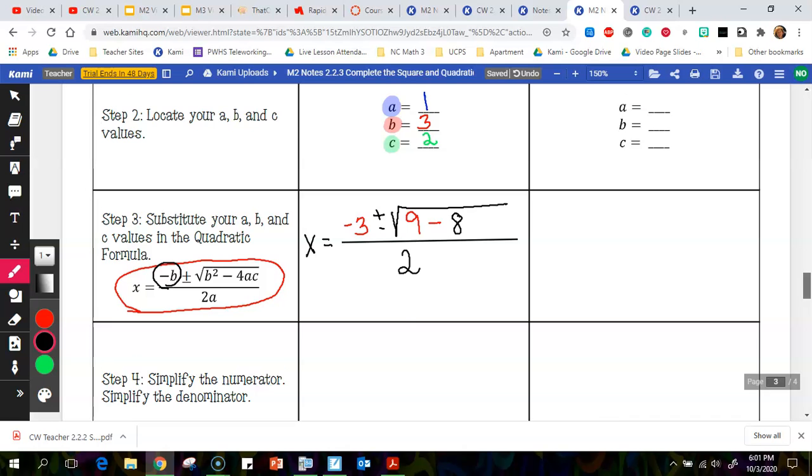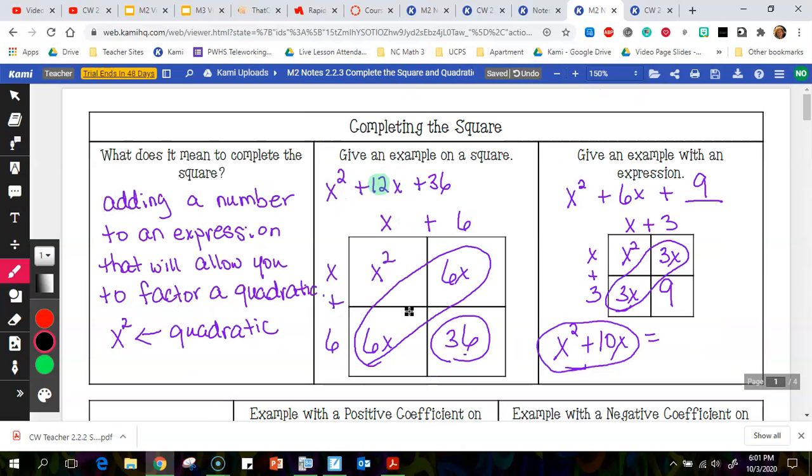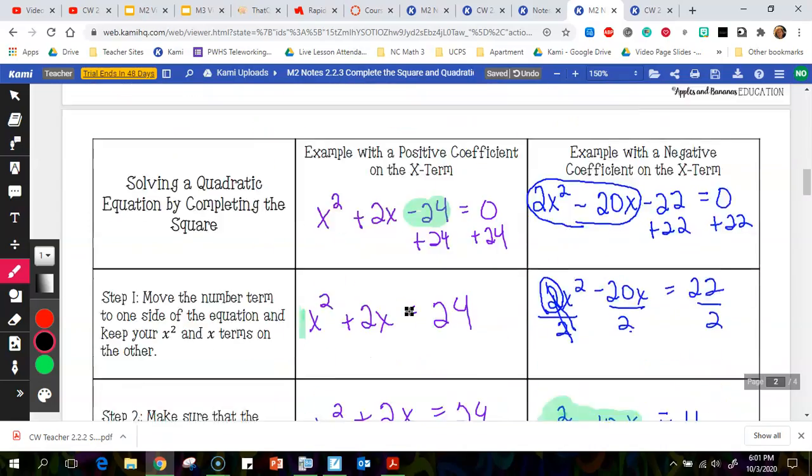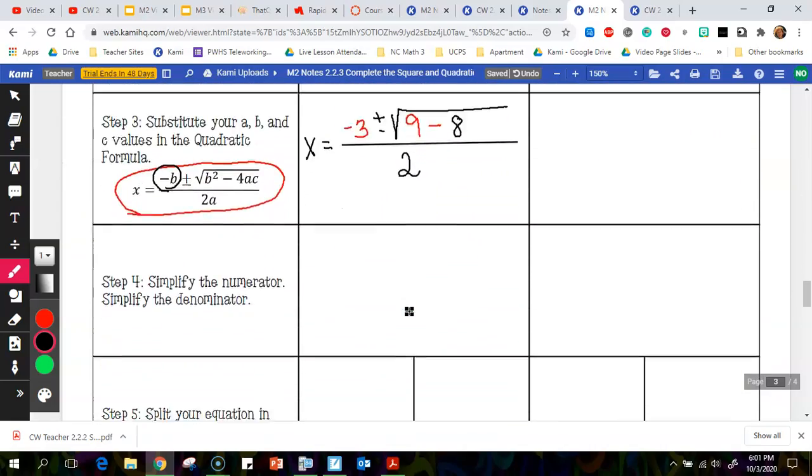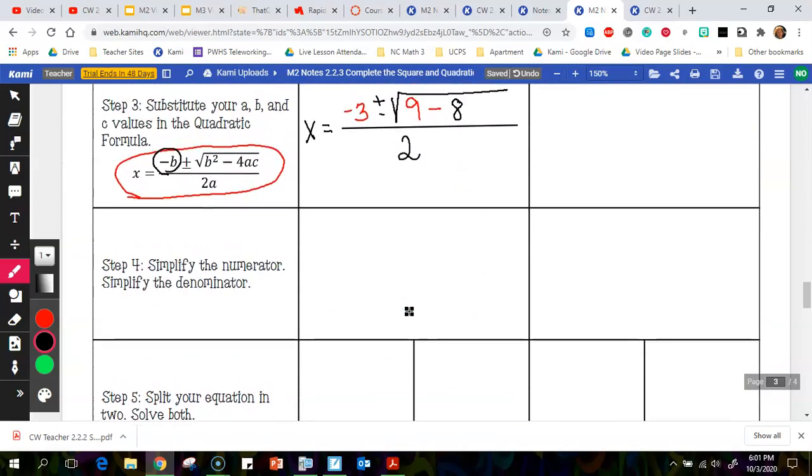So then we just do the math here. I have to use my fingers every time I move this down because my stylus won't work. All right, and we're running out of time. So x equals negative 3 plus or minus the square root of 1, divided by 2.